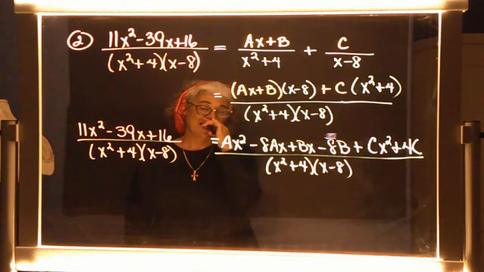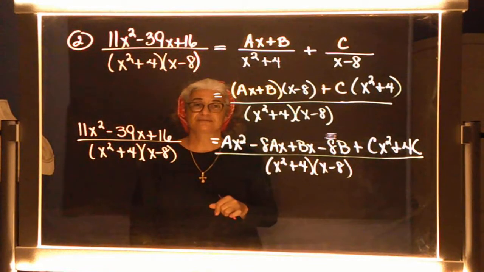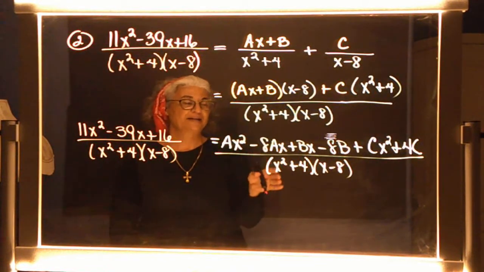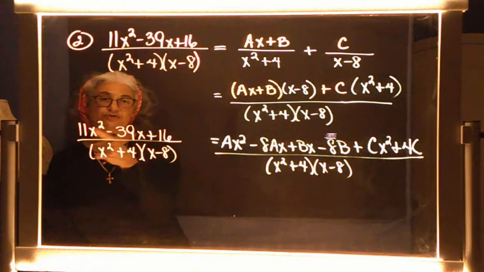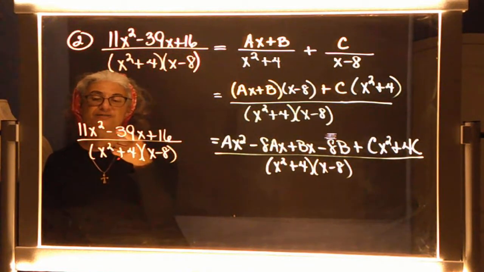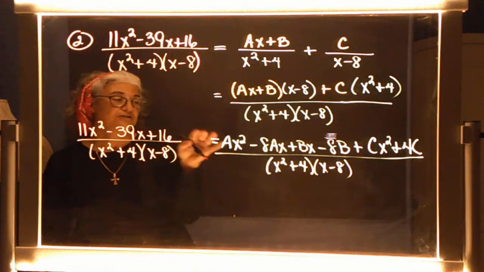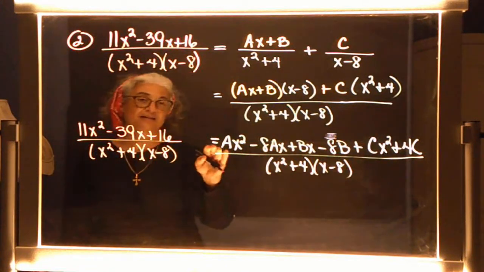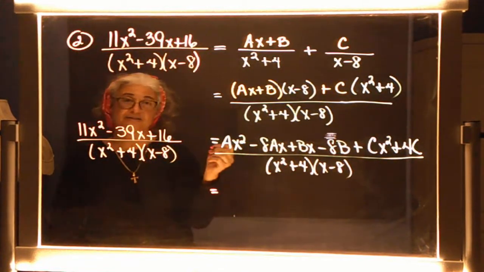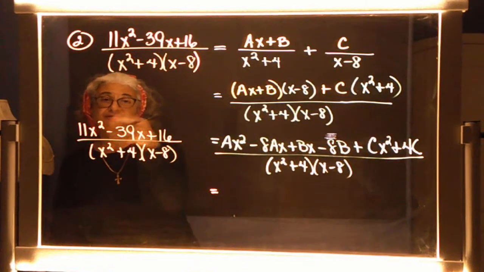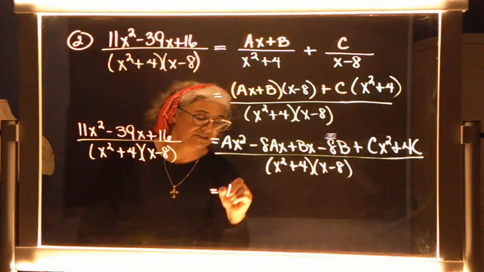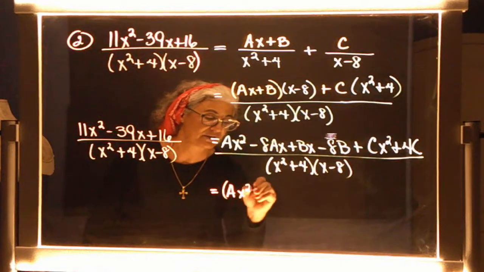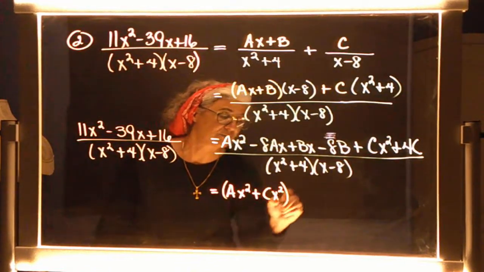Because we're supposed to be adding the numerator, right? Well, you're like, well, how do I add it? You add it based upon this numerator. This numerator is set up with an x squared, an x to the power of 1, and a constant. So when I add this numerator together, I'm going to add the x squareds together because I have an x squared on this side. So that means I'm going to add ax squared plus cx squared.